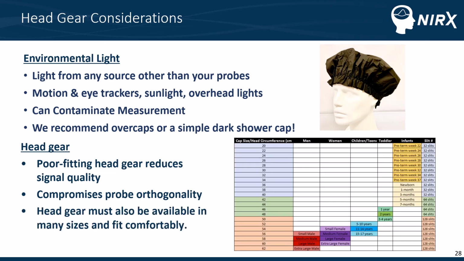So headgear must be available in many sizes and fit comfortably for the participant, both for signal quality and for the comfort of the participant. And over on the right, we've got an image of the NIRx NIRS cap sizing chart. We do offer a variety of sizes for head circumferences throughout development, having smaller sizes for the preterm and newborn ages, and then larger head sizes for adults.